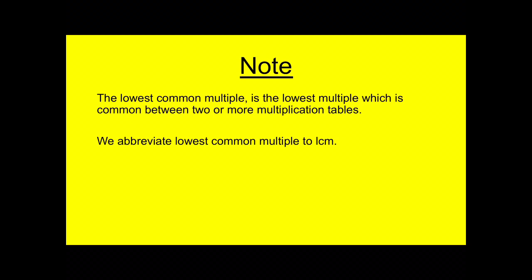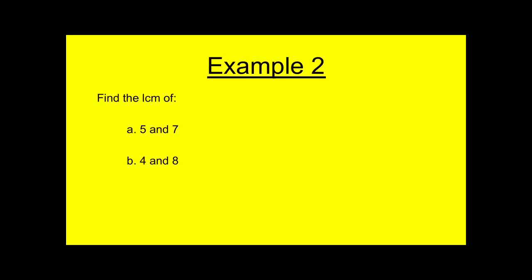We abbreviate lowest common multiple to LCM. Example 2. Find the LCM of part A, 5 and 7, part B, 4 and 8.